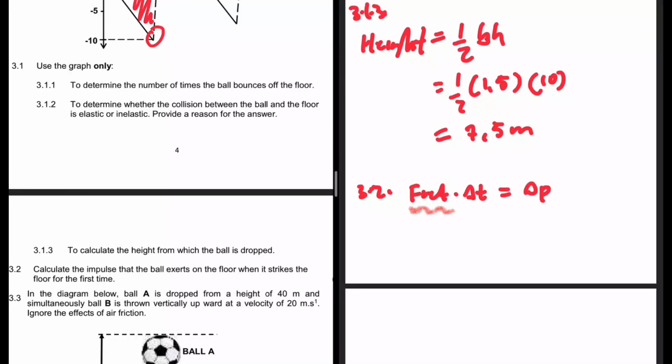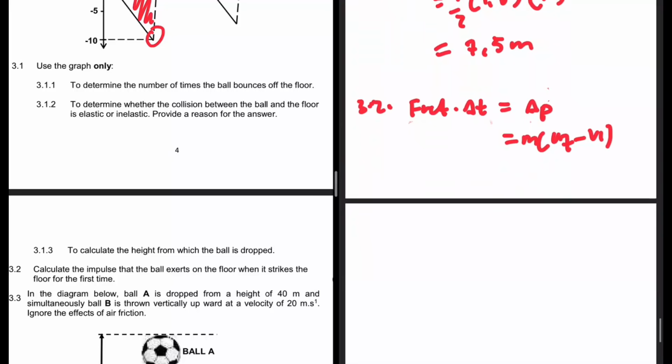F net delta t is the impulse, and delta p is the change in momentum. They are just equal to each other. So in place of delta p we can say m (vf minus vi). And then what is the mass of the object?